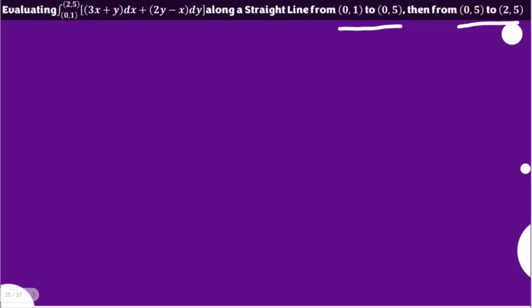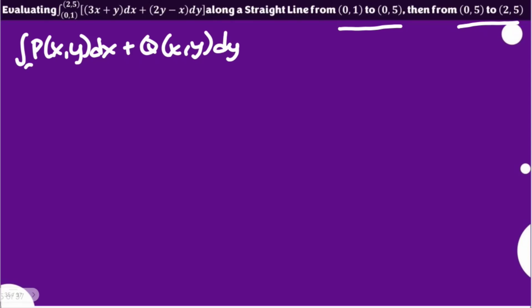Okay, so this situation here, talking about this perspective, is that if we have here, say for example, the integral of P(x,y) dx plus Q(x,y) dy along that path, this is just equal to the sum. If we're going to say here that your C is actually the union of your C sub 1 and C sub 2, your C sub 1 is the first path from (0, 1) to (0, 5).